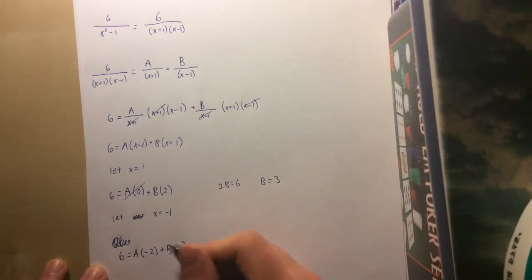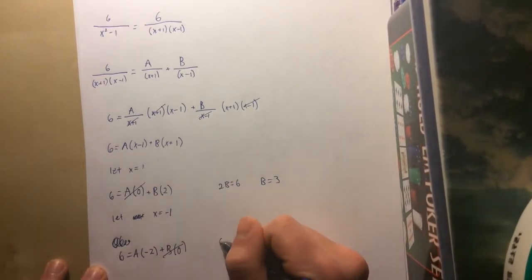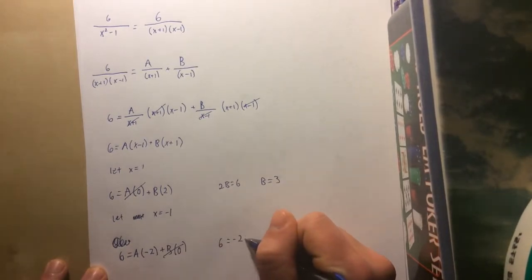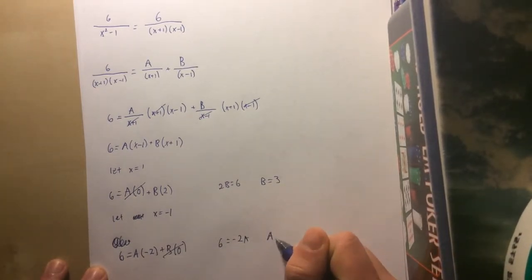The b term cancels out, and we get 6 equals -2a, and a is equal to -3.